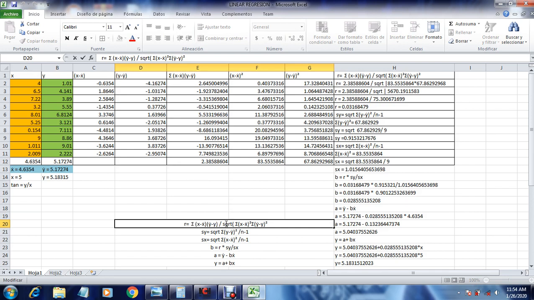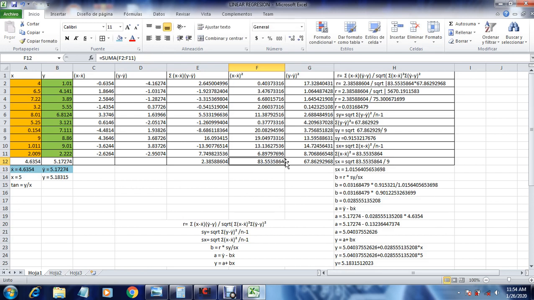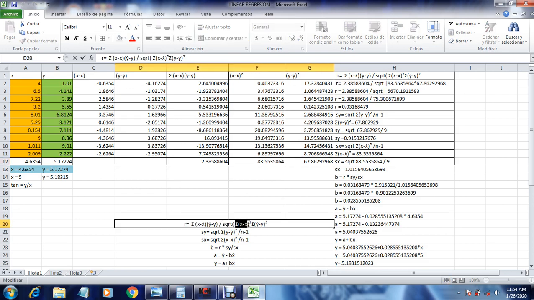And then followed by that is a similar equation. This equation gives this multiplied by this, but in the summatory. The summatory of this is this.